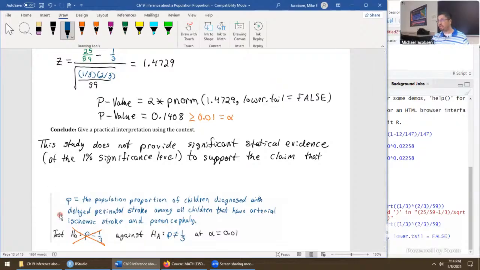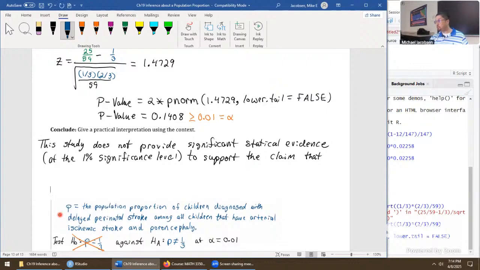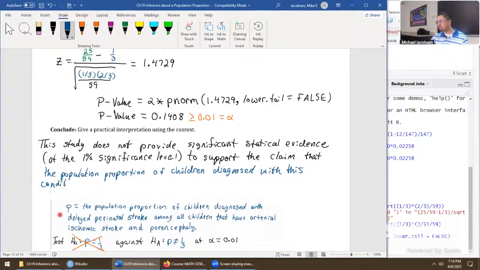So here's where we'll take a little bit of a paraphrase approach to support the claim that the population proportion of children diagnosed with this condition, when I said this condition, I'm referring to the already defined delayed perinatal stroke.